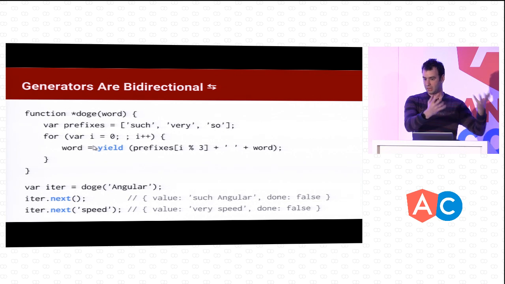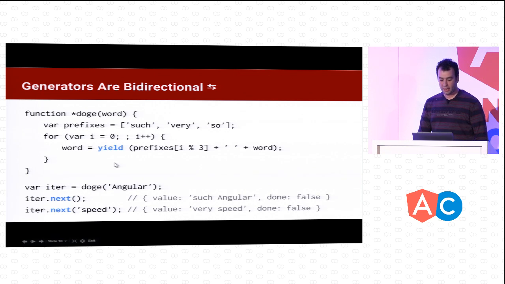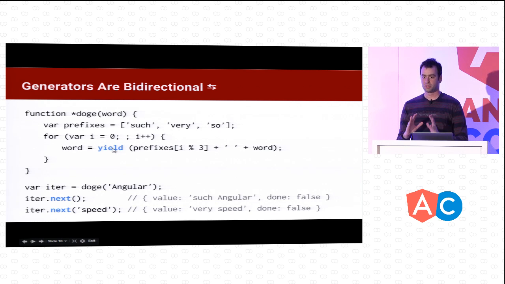We can get values while it's executing, and we can pass values in. And whenever yield is called, the execution stops until the next method is invoked again. So the second time, word will be set to speed, the loop will iterate again, and we'll get "very speed", which is the return value of the second next call.